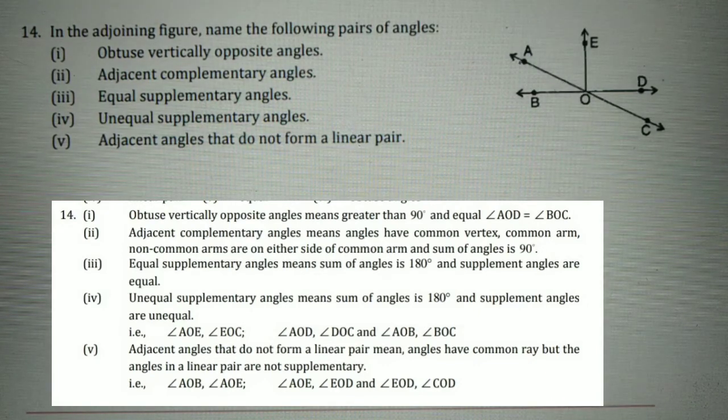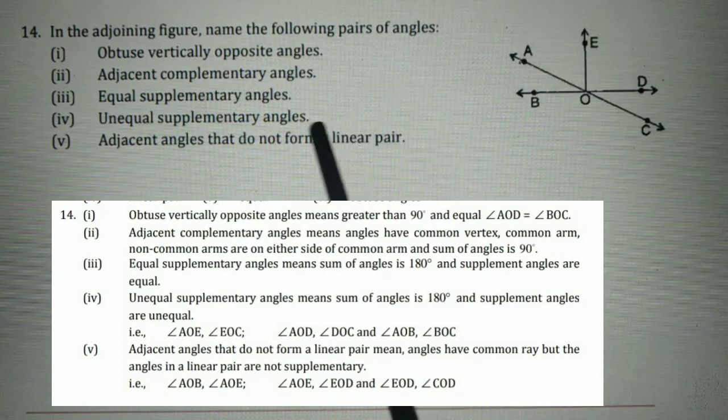Next is equal supplementary angles. It means angles are supplementary but the values of these two angles must be equal. So when angles are supplementary, their sum must be 180 degree, and if equal, it means each angle is 90 degree.